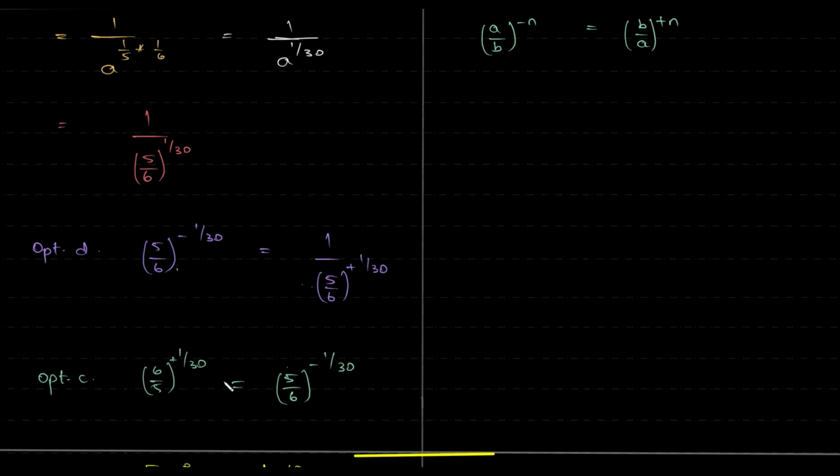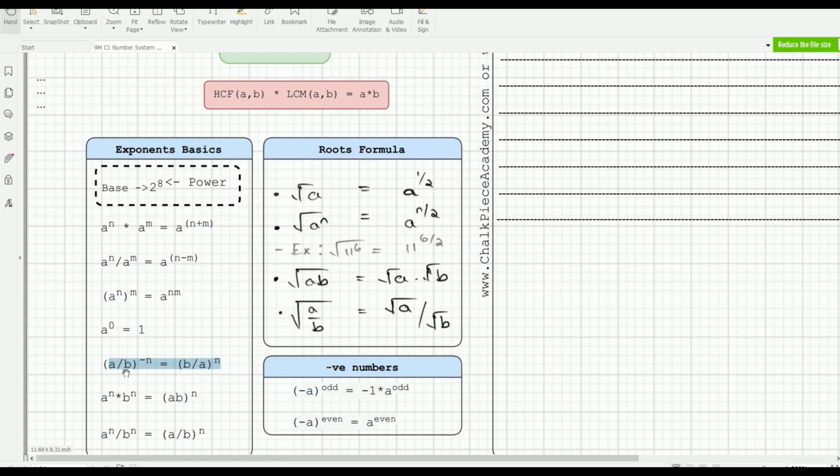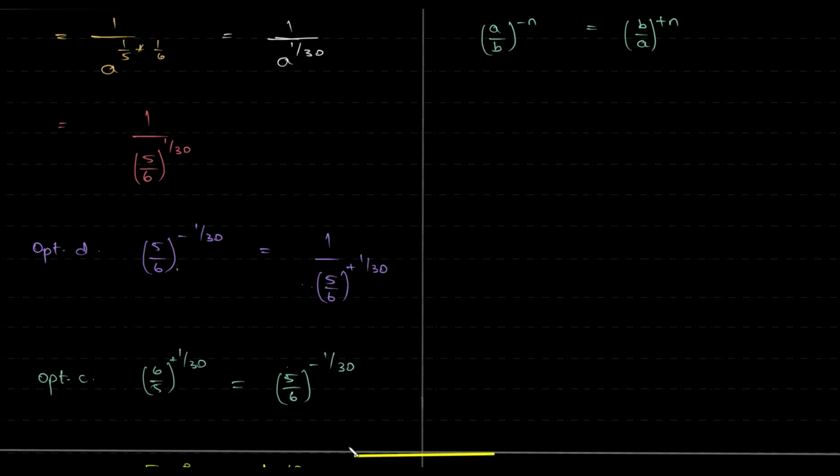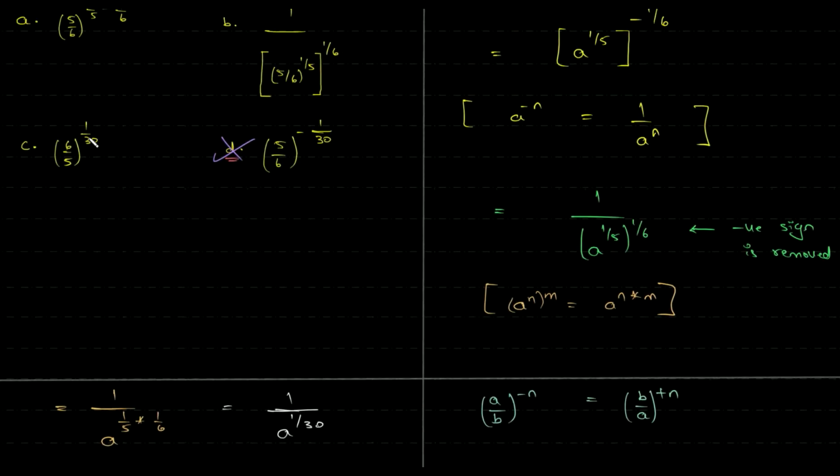Again, please understand how we are making use of the same formula in very different ways in every possible scenario. But it has to do with only one set of formulas. That's it. You don't have to complicate it. Only this. So option C is also correct.